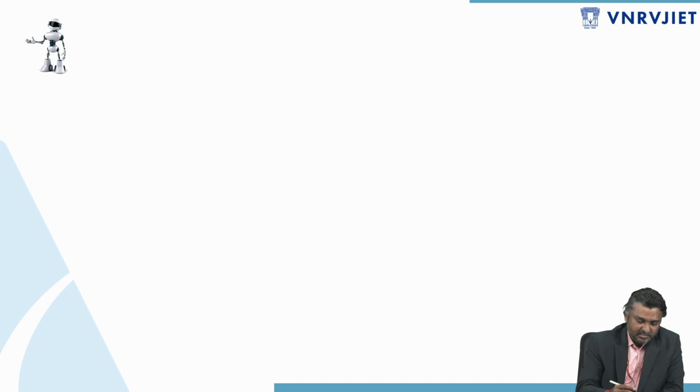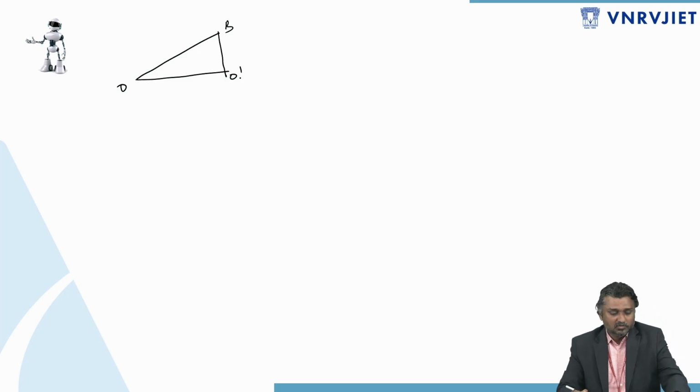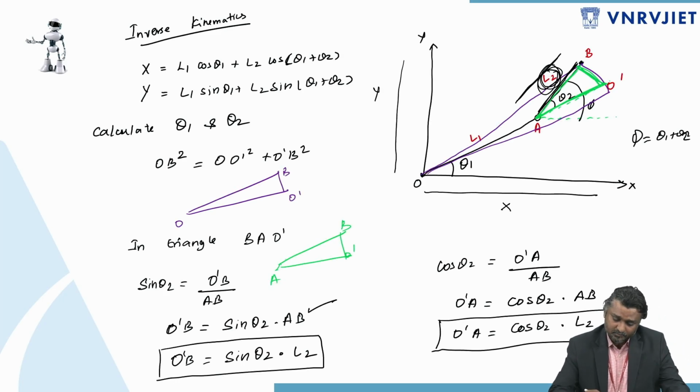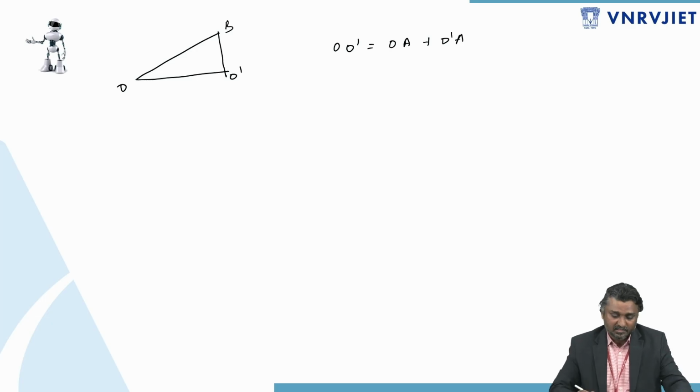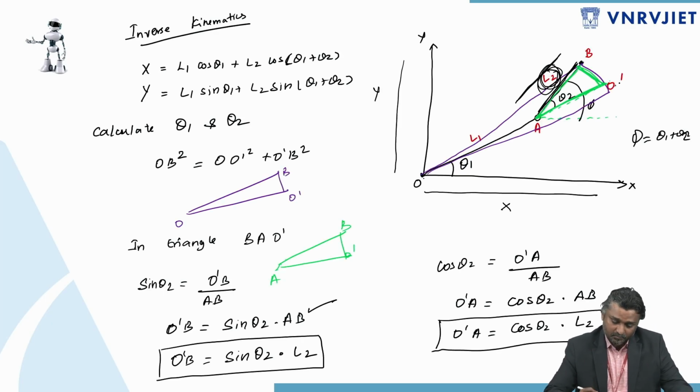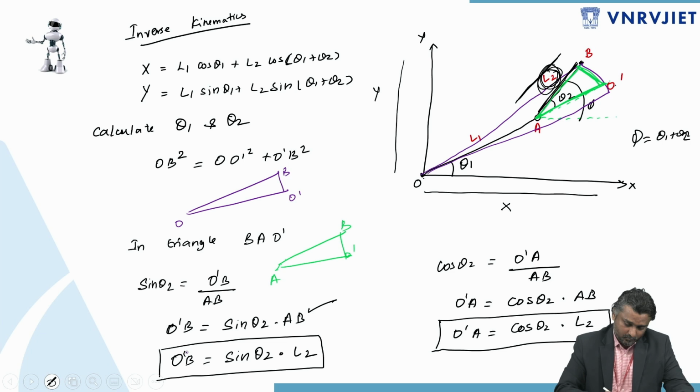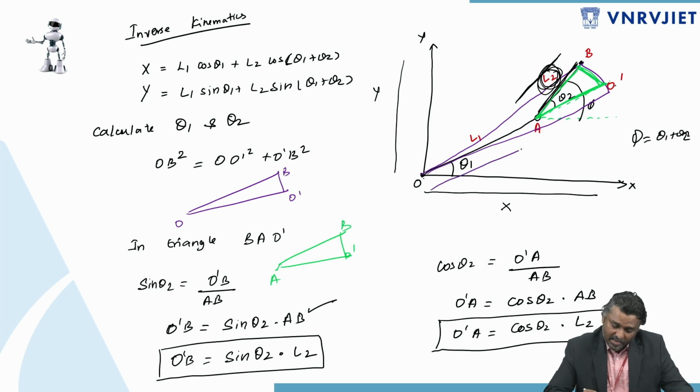Next, I am considering the triangle OBO dash, with sides OB and O dash. O dash is equal to OA plus O dash A. Listen here, O dash is the complete length of the robotic system.